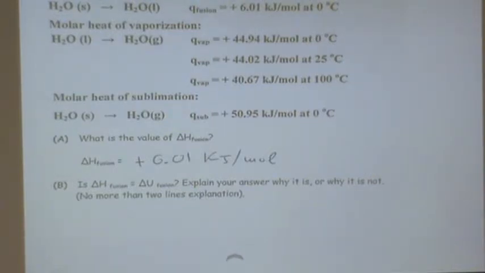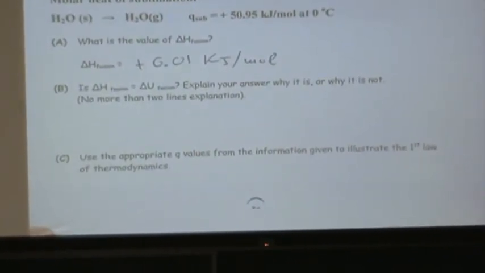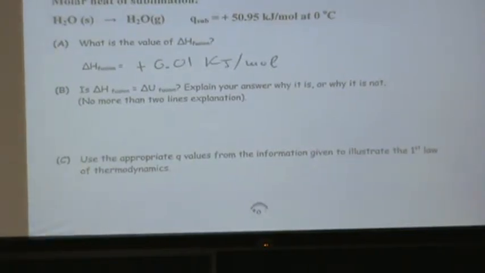Now, what about the other one? What's the next one? It says use the appropriate values, two values, from the information given to illustrate the first law of thermodynamics. So the first law of thermodynamics says that energy is conserved, right?